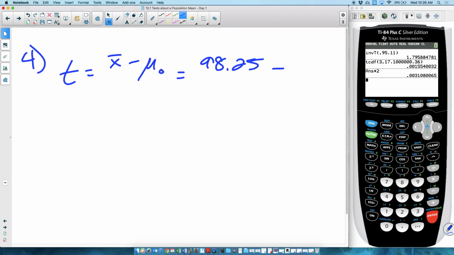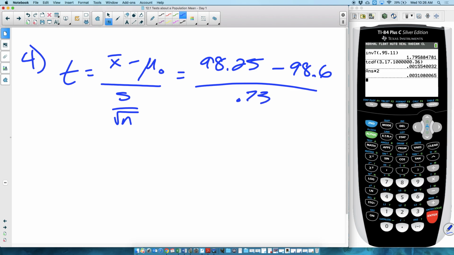Right, which was 98.6. You're dividing by the standard deviation of your sample over the square root of n, which makes it the standard error. And our sample standard deviation was 0.73 over the square root of 700.